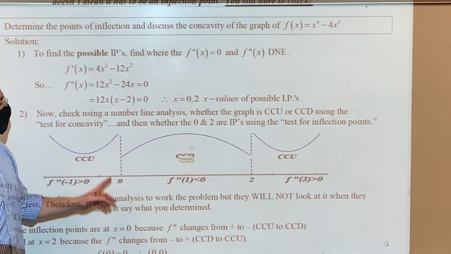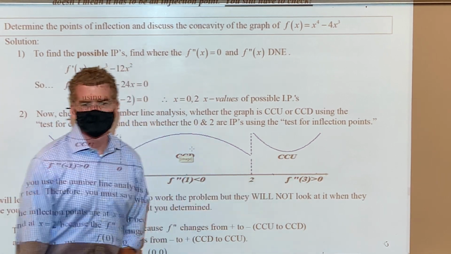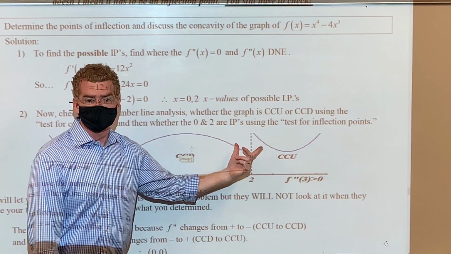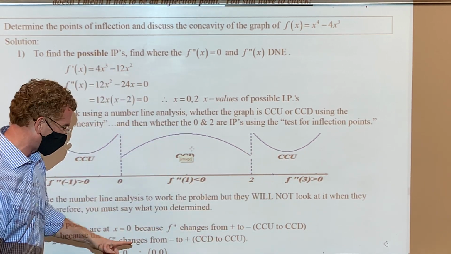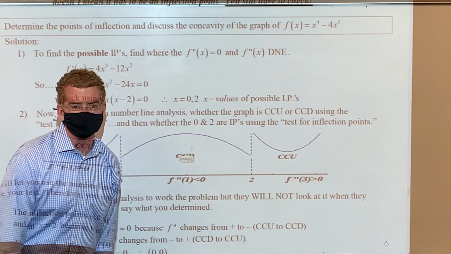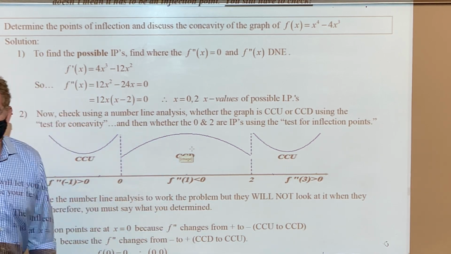And you could totally say, because the second derivative changes from plus to minus or from minus to plus, but I would just say changes signs. And then I can knock them out both in one fell swoop.